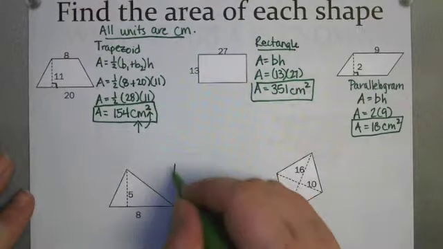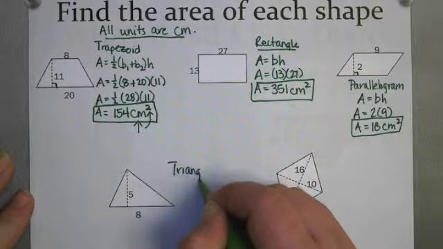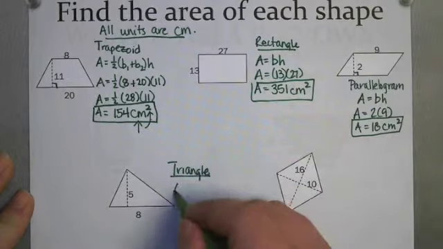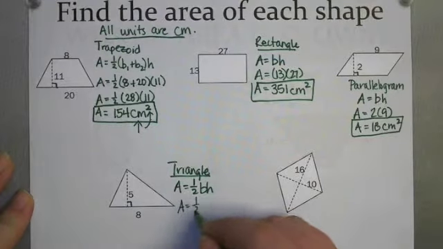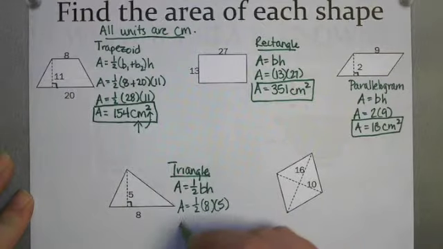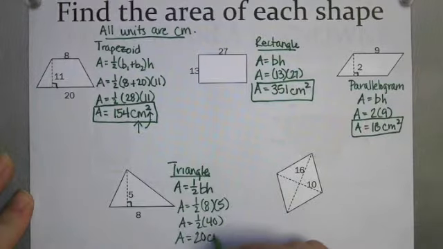Our next figure is a triangle. With a triangle, we need to make sure we plug in the formula, area equals 1/2 base times height. So we have 1/2 times 8 times 5. So 1/2 of 40, which turns out to be 20 centimeters squared.